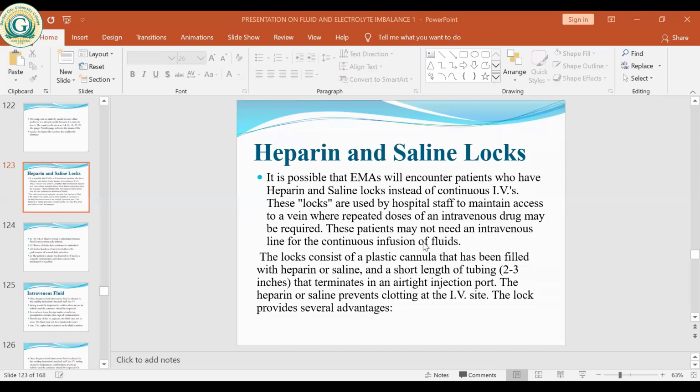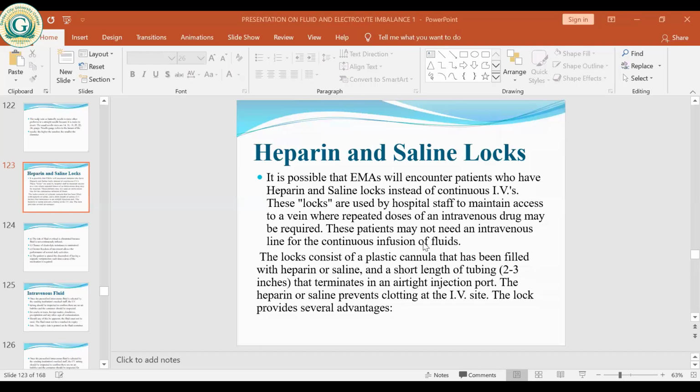So you may put a normal saline on to maintain the line, but at the blind side of you, the patient might raise the drop rate, and before you realize, the infusion is finished, and this can go and complicate the chest. So the patient may not need an intravenous line for continuous infusion of the fluids. The lock consists of a plastic cannula that has been filled with heparin or saline.